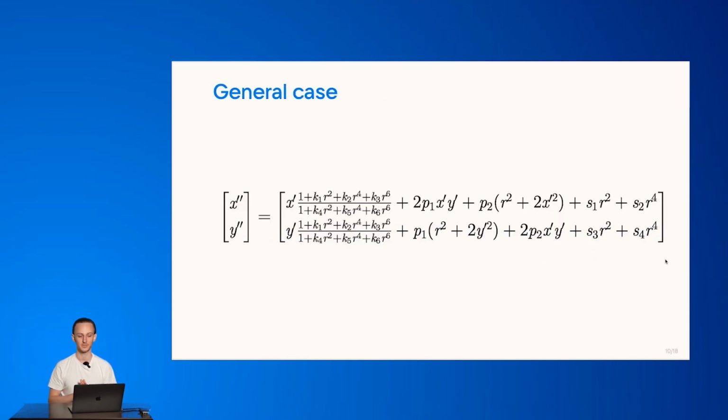The general case of the distortion model that is used in OpenCV is the following. So in some modes of calibration, we can find out the values of all of the parameters here. Usually we don't really need that, because some of those parameters are often small.